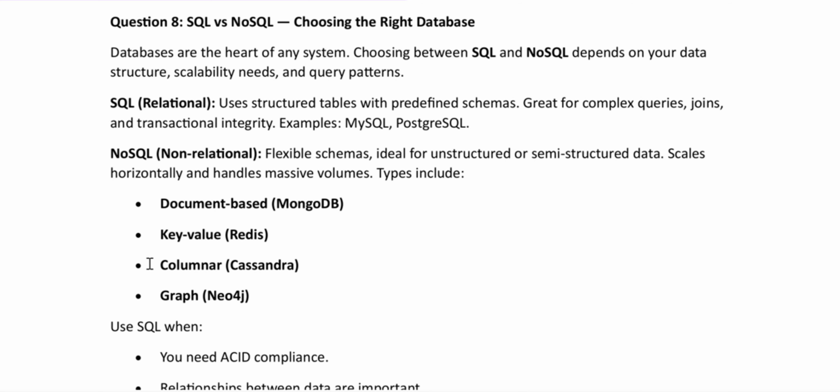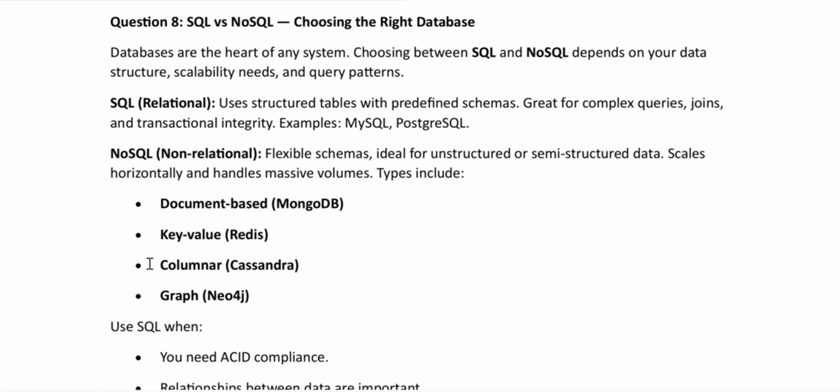Examples are MySQL and PostgreSQL. NoSQL means non-relational databases, with flexible schema, ideal for unstructured or semi-structured data, scaling horizontally, and handling massive volumes. Types include document-based MongoDB, key-value Redis, and graph Neo4j.